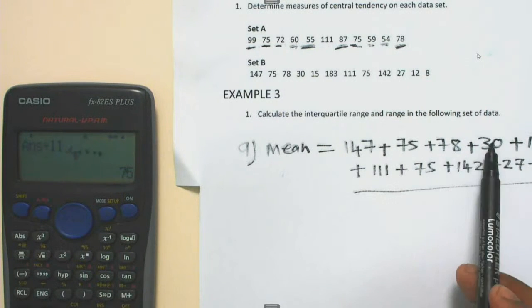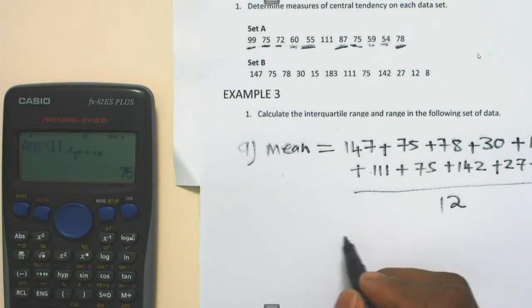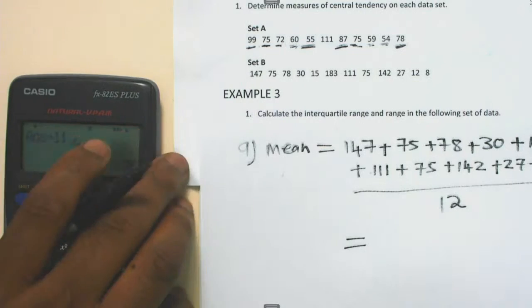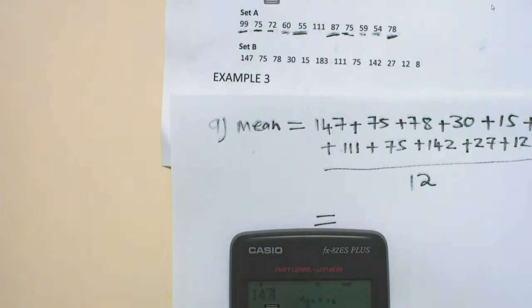1, 2, 3, 4, 5, 6, 7, 8, 9, 10, 11, 12. We have 12 values in this data set. So if we add quickly, 147 plus 75 plus 78 plus 30 plus 15 plus 183 plus 111 plus 75 plus 142 plus 127 plus 12 plus 8, it gives us 1000.